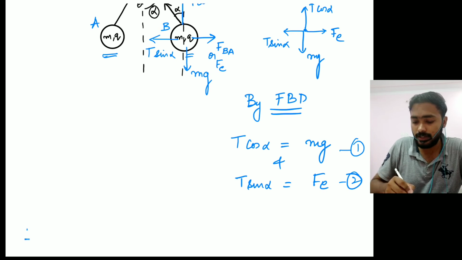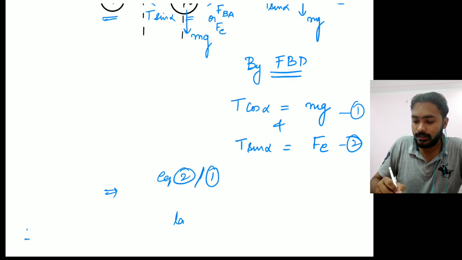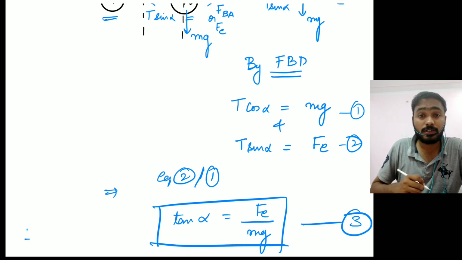Divide equation 2 by 1, and you will get tan alpha equal to Fe upon mg. This is equation number 3. This is the condition when both the bodies are kept in vacuum.